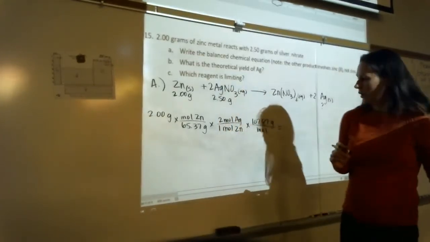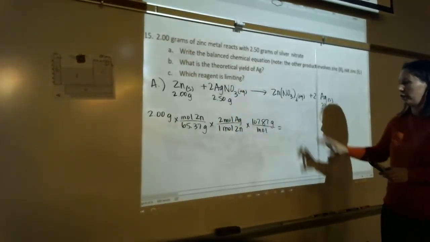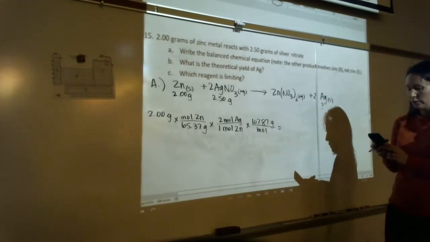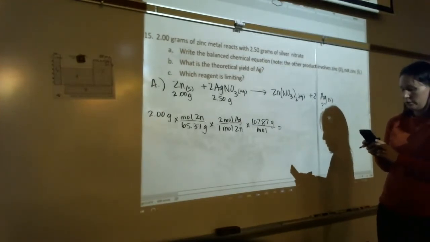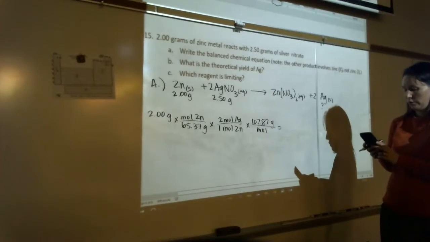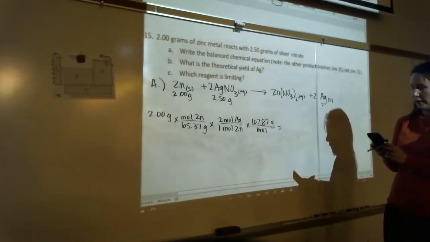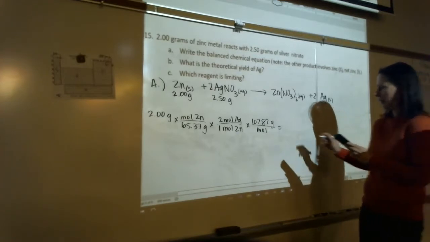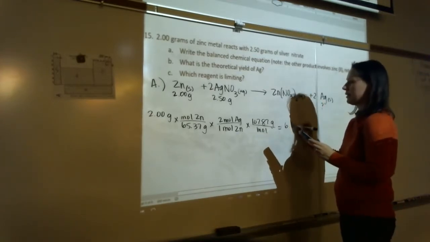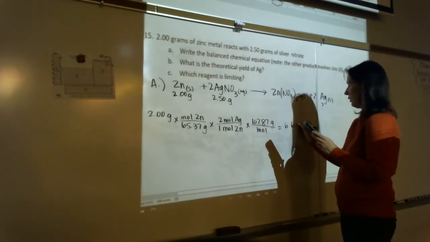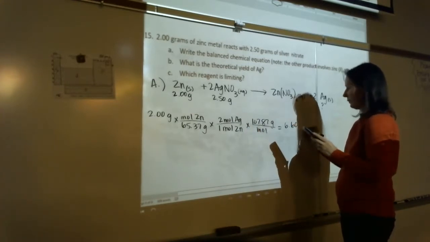So when we do our arithmetic, multiply straight across and divide up. So 2 times 2 times 107.87 divided by 65.37. I get 6.60, because we can keep 3 sig figs.